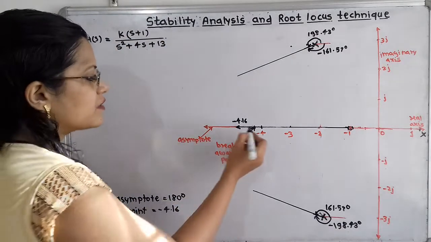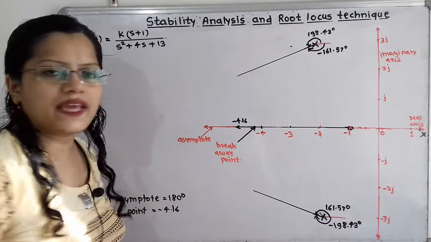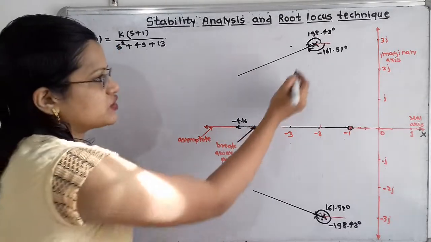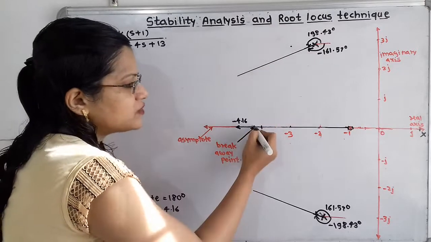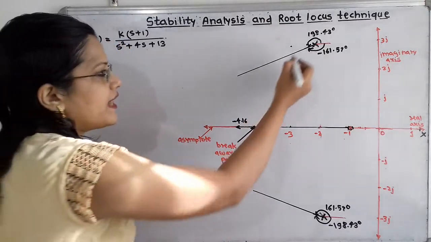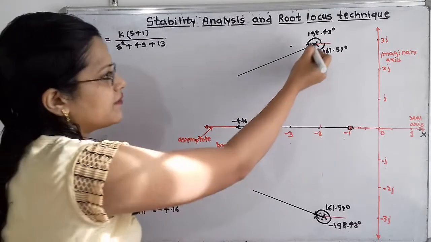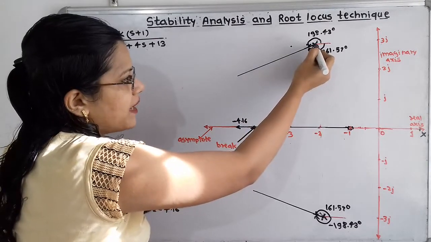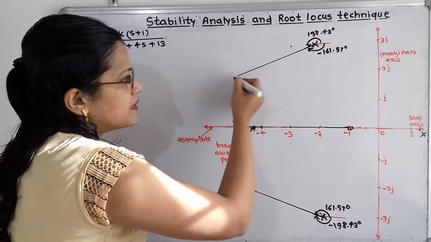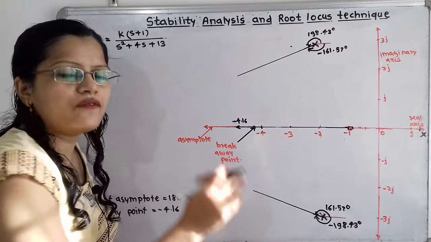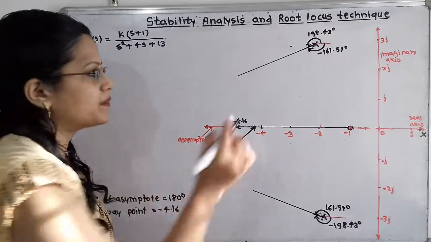So for that, here we have to take the help of the breakaway point, because here is the point of intersection for these branches on the real axis. So we have to draw the branch in such a way that we take the branch along this angle of departure line. So these two are the lines we have drawn with the help of angle of departure.